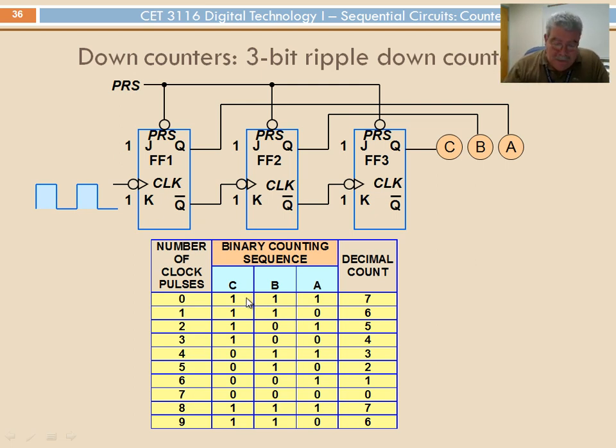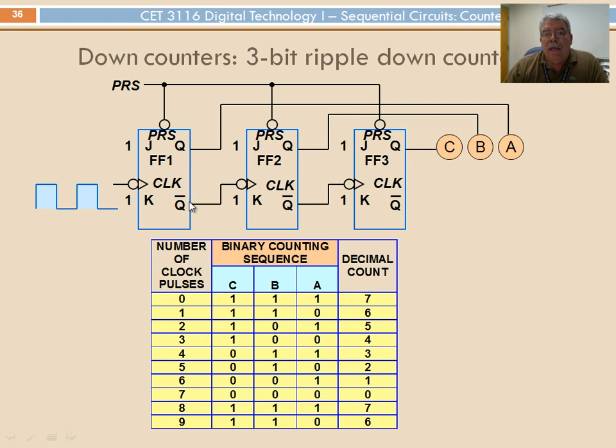If we look at the truth table given here, the count goes 7, 6, 5, 4, and so on, until we reach 0, 0, 0. Then if we keep counting, we go backwards to 1, 1, 1, which is 7, and then back to 6, and so on. So it wraps around.